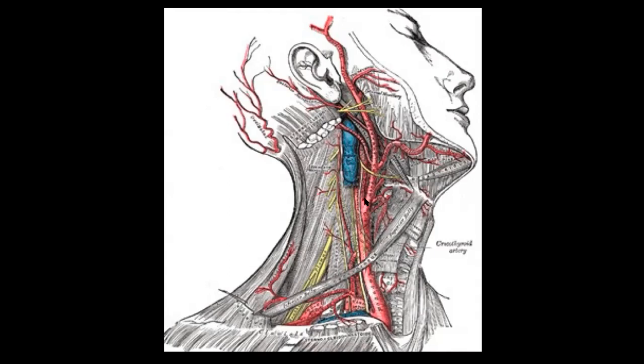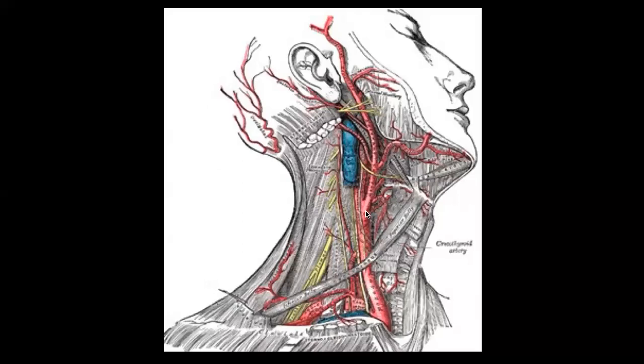These cells are present in this dilatation, which is called the carotid sinus. So the common carotid artery bulges at the point of division into external and internal carotid. This bulging is called the carotid sinus, which contains baroreceptors and chemoreceptors for maintenance of blood pressure.